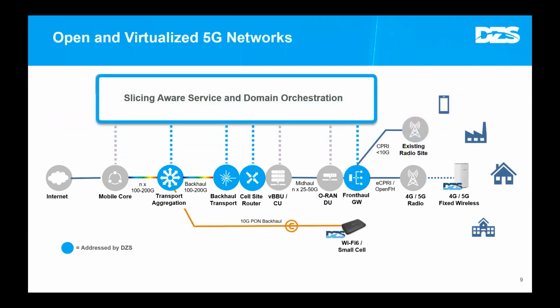Once you've implemented slicing in the shared network context, the real issue is how to control and deploy slices in an efficient way. The industry consensus we see is that there's a need for a slicing-aware service orchestration and domain orchestration capability to address both these physical and virtual elements in the network.